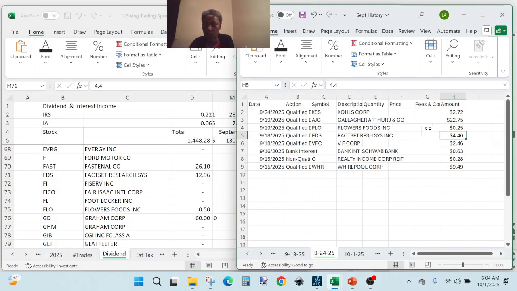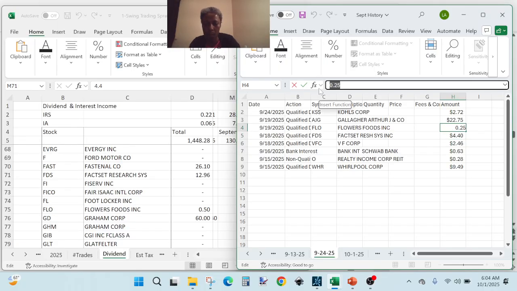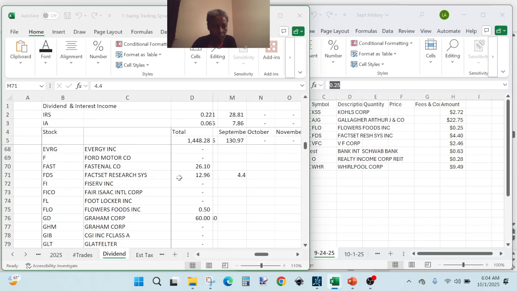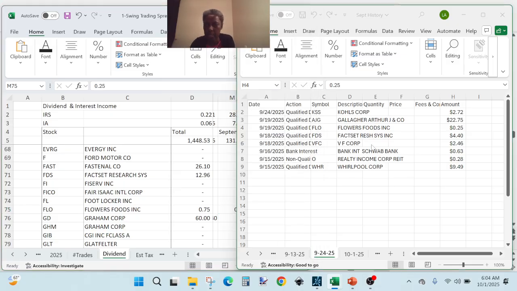The next one is going to be 25 cents, FLO. It should be FLO. Too far from where we were before. The next one is going to be AJG.